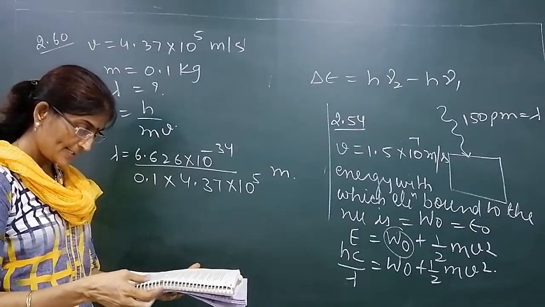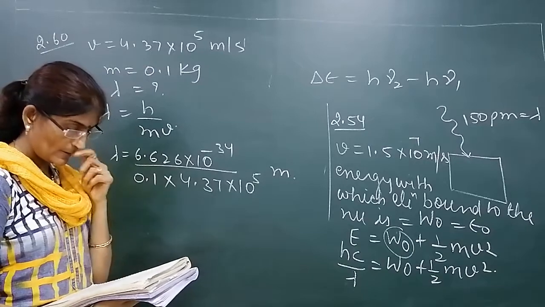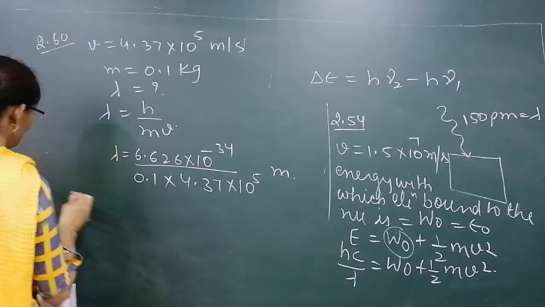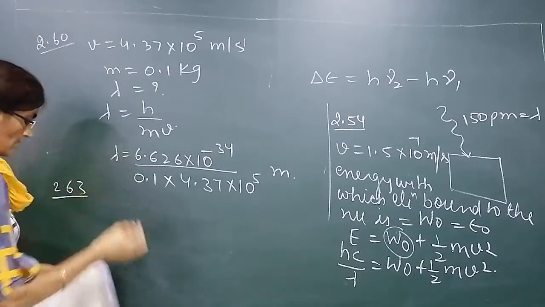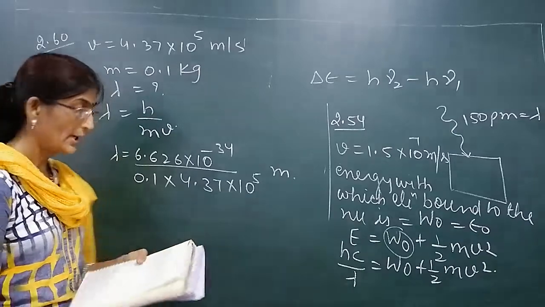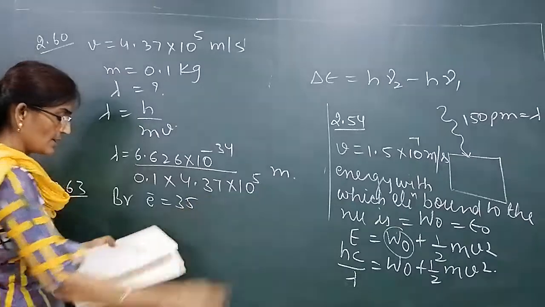Quantum number questions, we had done 62 and all. Let me do one more. Number 63. The bromine atom possesses 35 electrons.